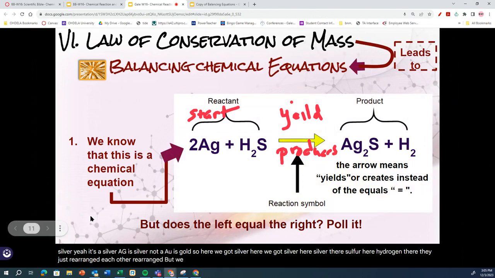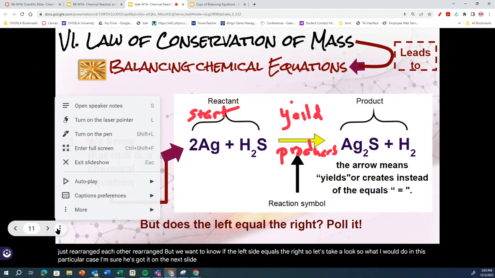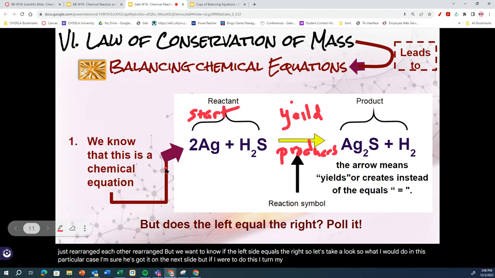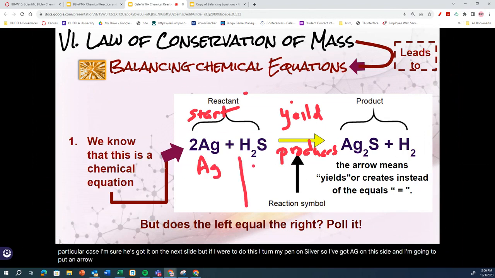But we want to know if the left side equals the right. So let's take a look. I'm sure he's got it on the next slide, but if I were to do this, I'll turn my pen on. Silver, so I've got Ag on this side, and I'm going to put an arrow or a line here for the Ag on the product side.